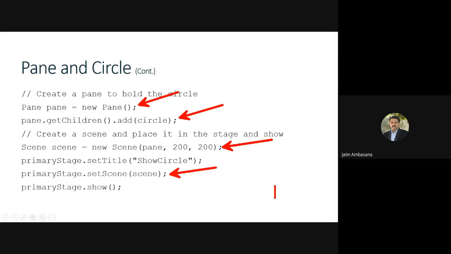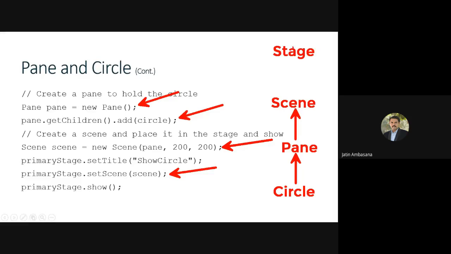It was something like this: you have a circle object which gets added into the pane object. The pane object gets added into the scene object, and the scene object gets added into the stage object, right? We saw how this hierarchy is created. Okay.